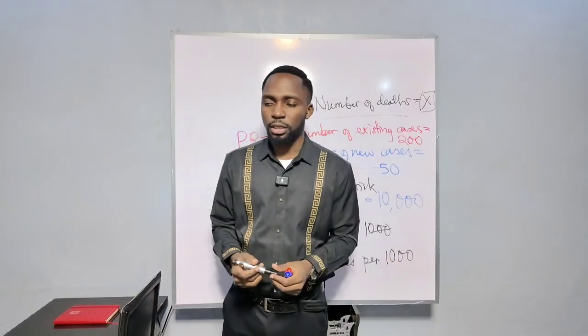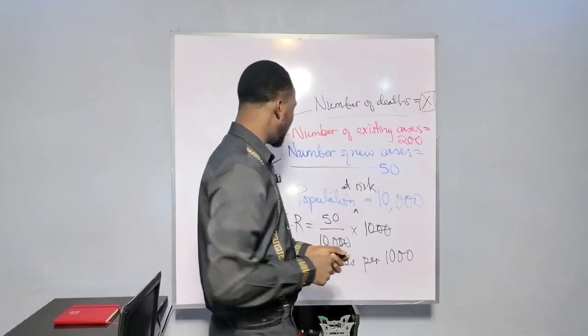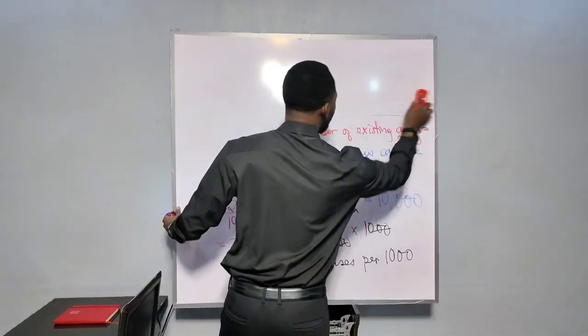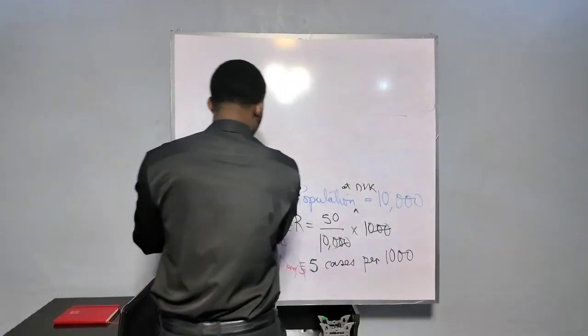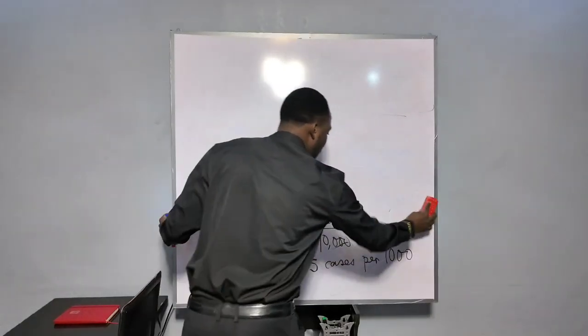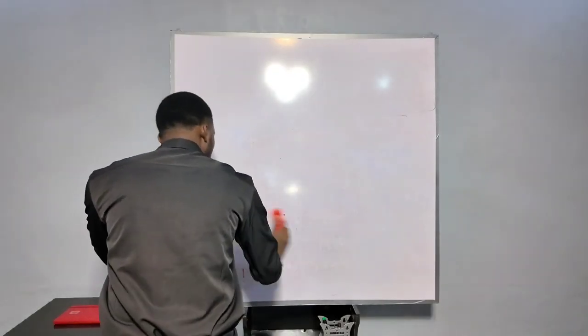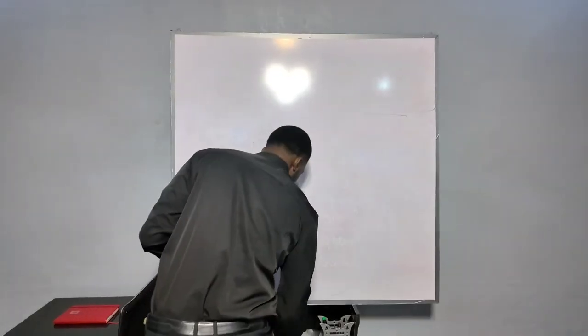It's usually expressed as a percentage, so the total is 100%. The case fatality rate tells us how likely someone is to die from a disease in a given population at a particular time.